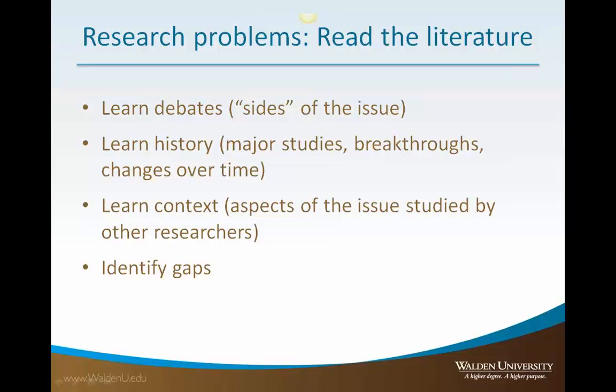What have other researchers done to study that problem? Maybe some researchers have studied it from a socioeconomic angle. Maybe some researchers have studied it from a gender angle. What gaps are there, and here I'm jumping to the next bullet point, what gaps are there in the work that other researchers have done?